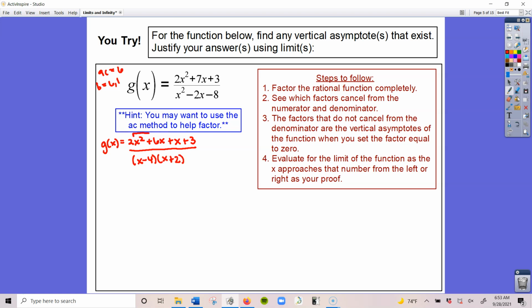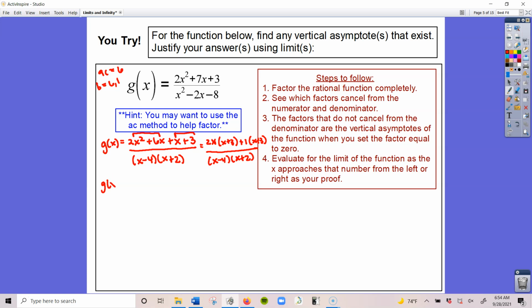Now from here we can factor by grouping in the numerator. So this is going to give me 2x times x plus 3 plus, now here there's nothing in common, so I just write a 1 to remember that 1 is there, x plus 3 over x minus 4, x plus 2.